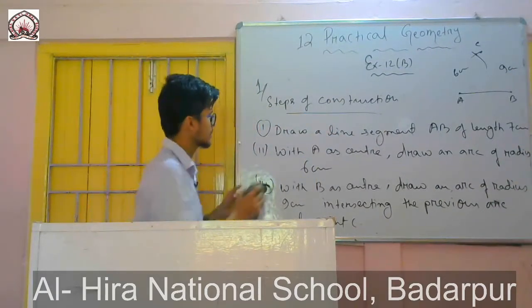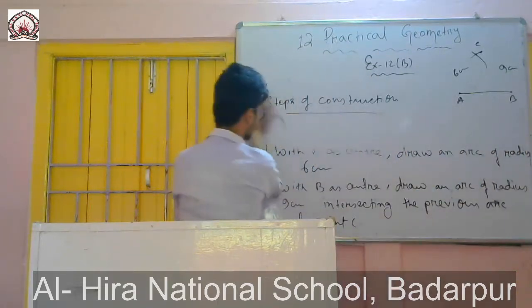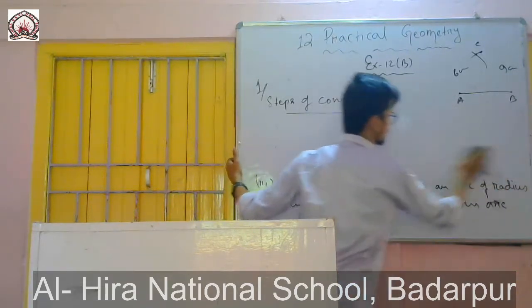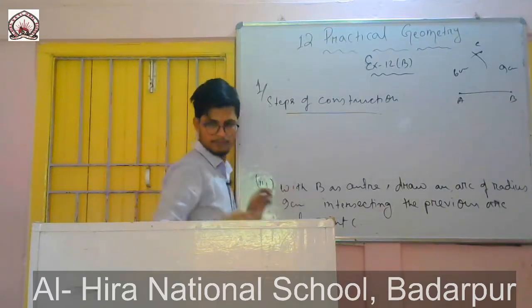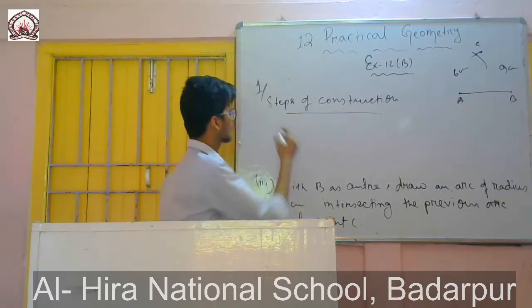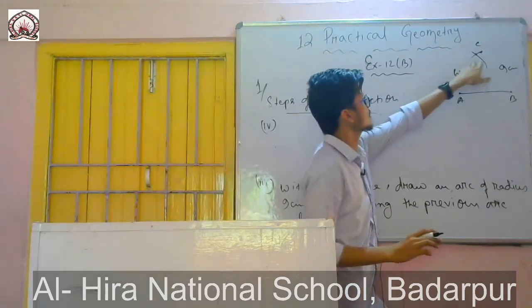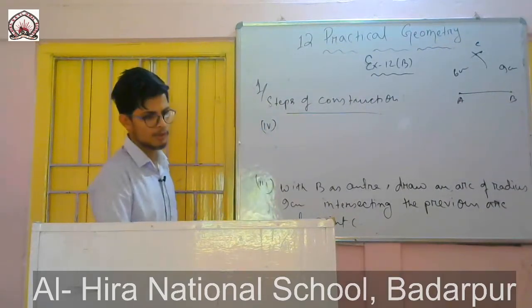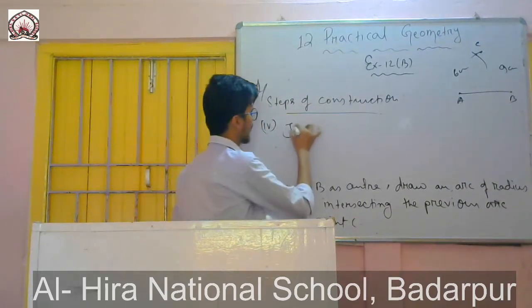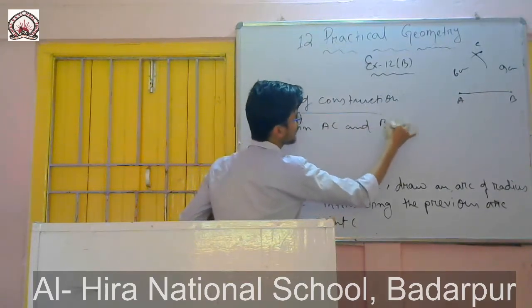So now the last line left. Point number 4, step number 4. After getting this intersection point, now what we'll do? We'll join A to C and B to C. So write: join AC and BC.